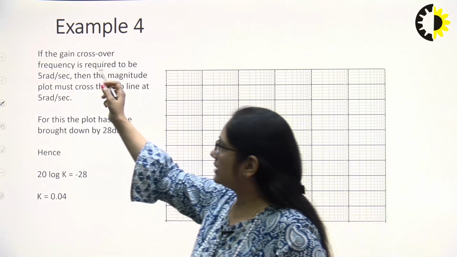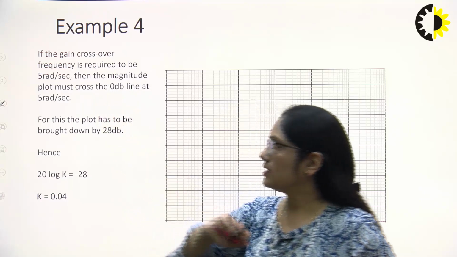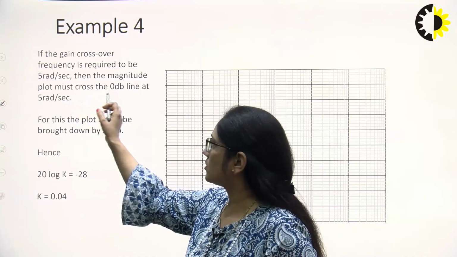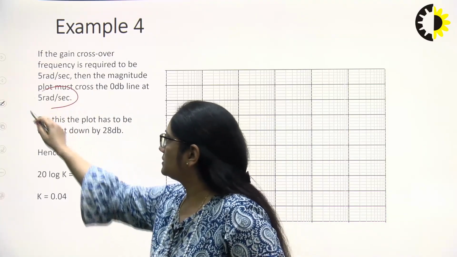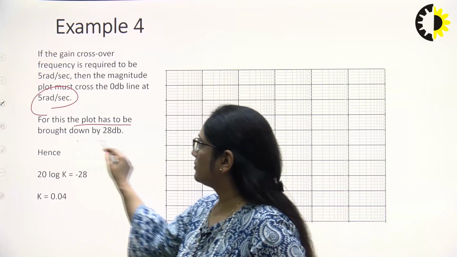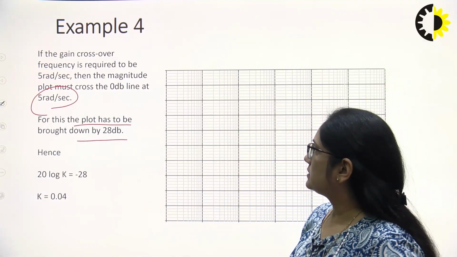Therefore, if the gain crossover frequency is required to be 5 radians per second, then the magnitude plot must cross the 0 dB line at 5 radians per second. So for this the plot has to be brought down by 28 dB.